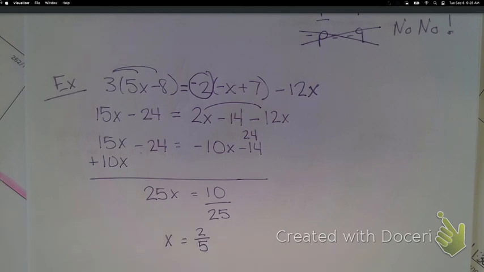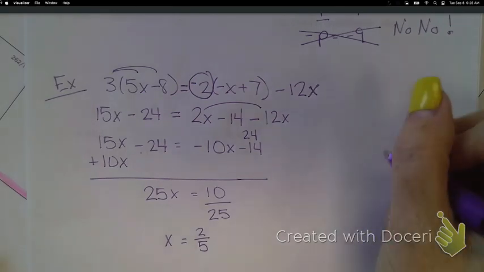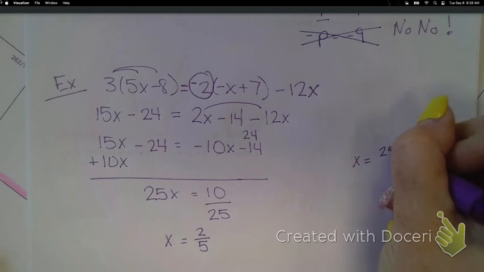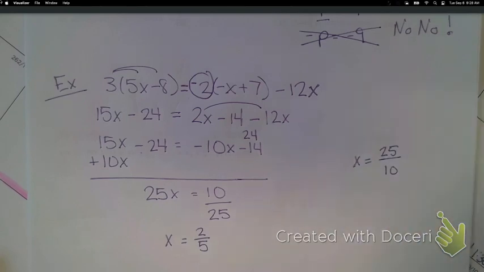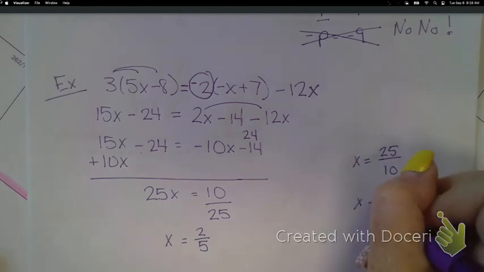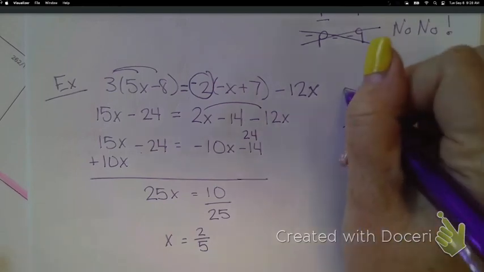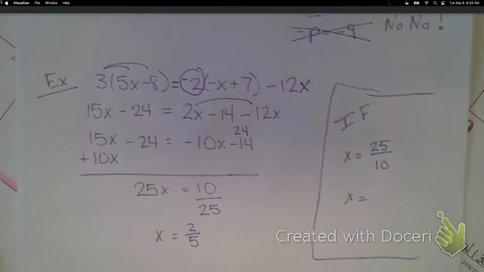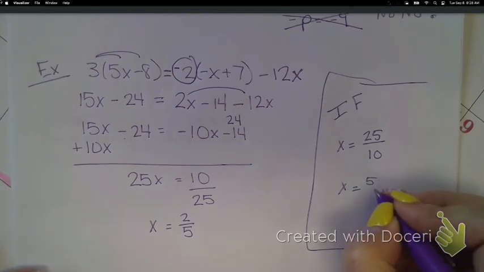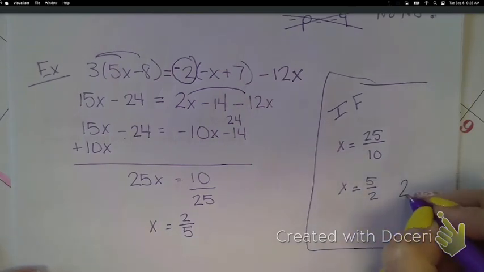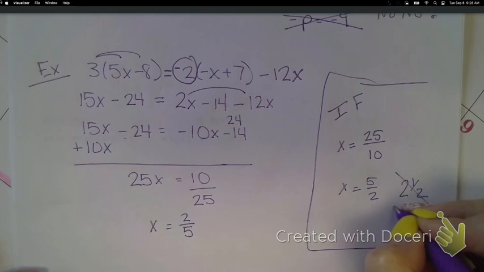It's not hard, it's mental math. Okay, if you get x equals 25 tenths, x equals what? It's an if. Well, you put 5/2. It's 5 over 2, not 2 and 1/2.